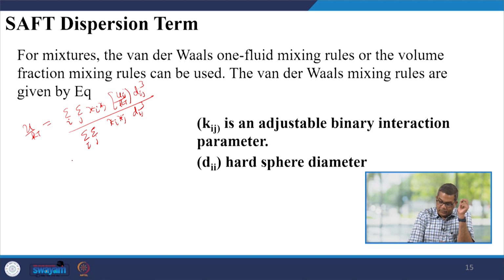Now here kij is the adjustable binary interaction parameter and dii is the hard sphere diameter. So dij is equal to (di plus dj) over 2.